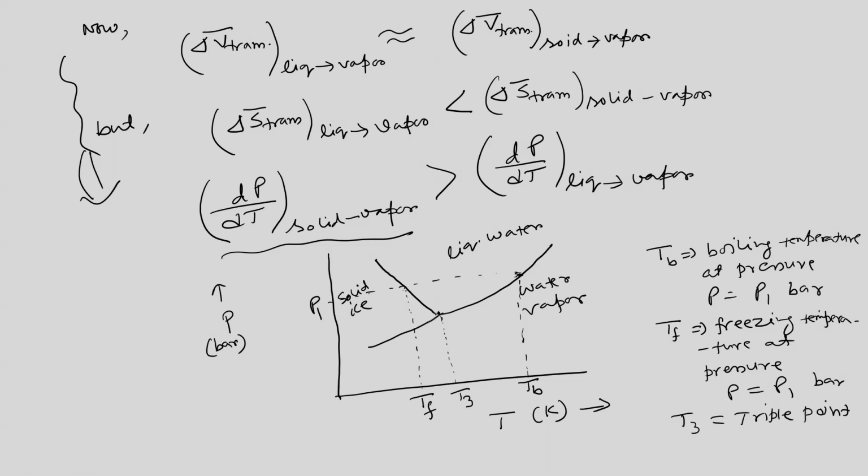Suppose this is our point O here, and then we can label O, A, B, C, or triple point O.